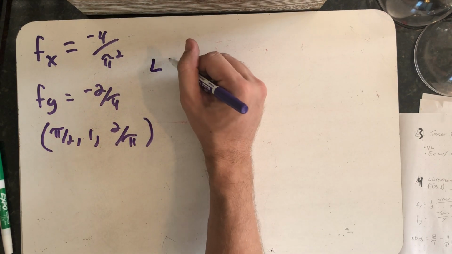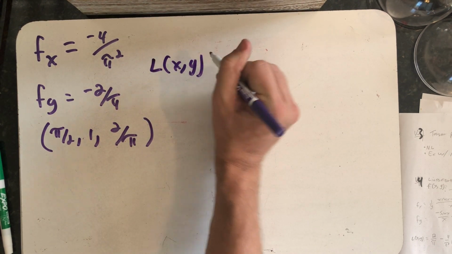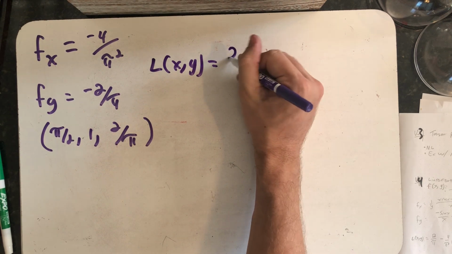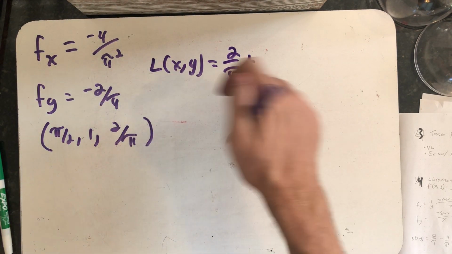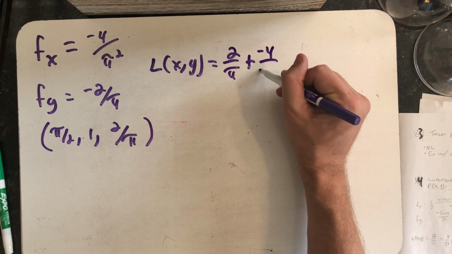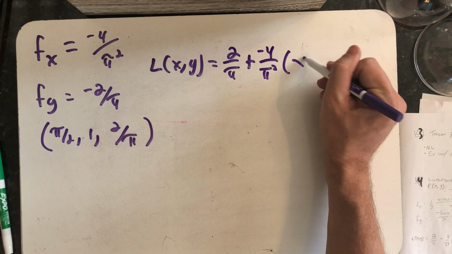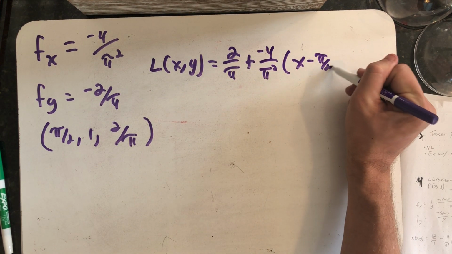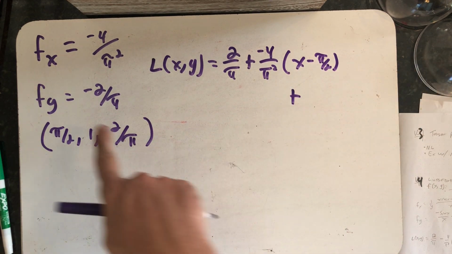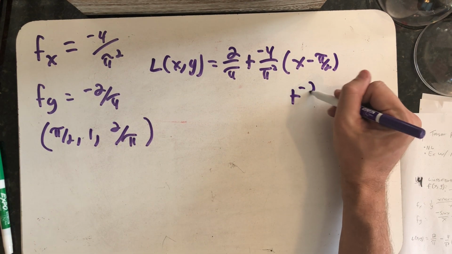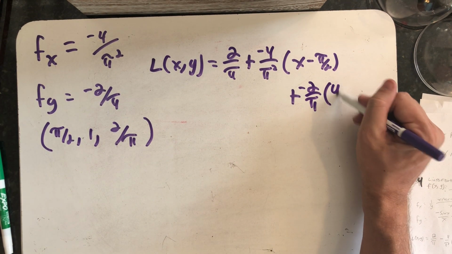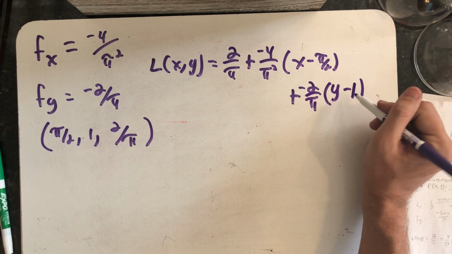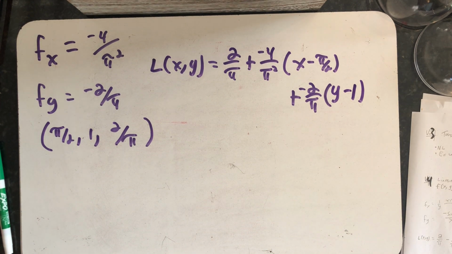So my linearization, L of x, y, is the z-coordinate plus this partial times x minus pi halves, plus this partial times y minus 1. All right, so following the equation of the linearization, that's what I get.